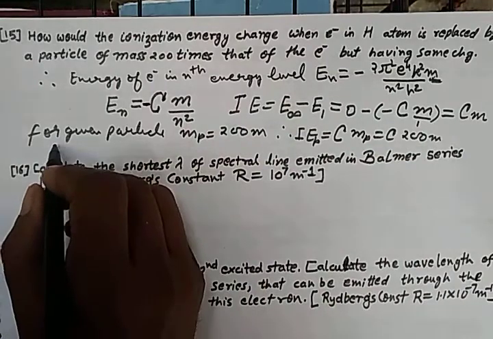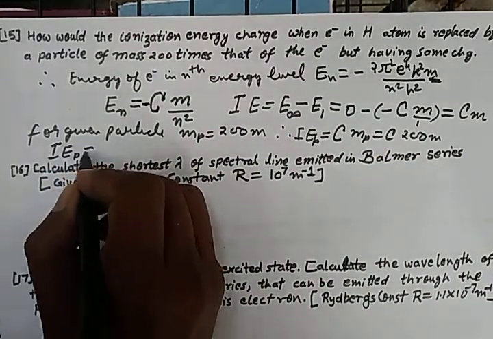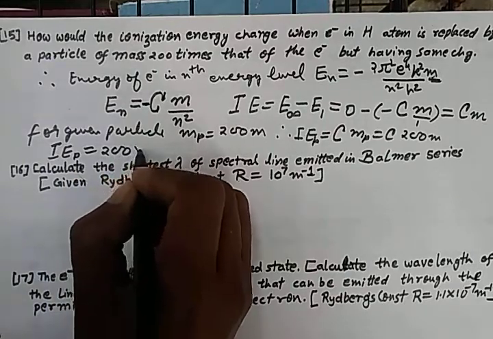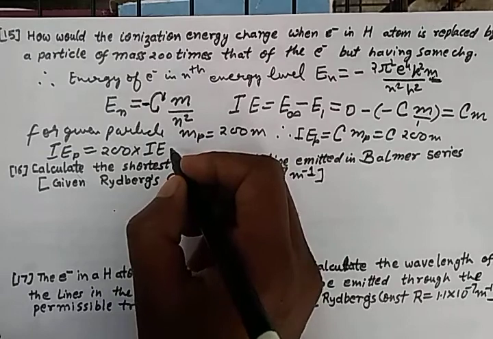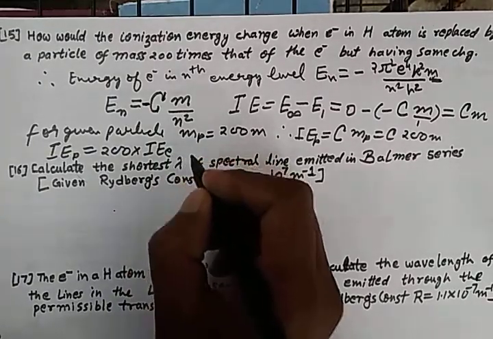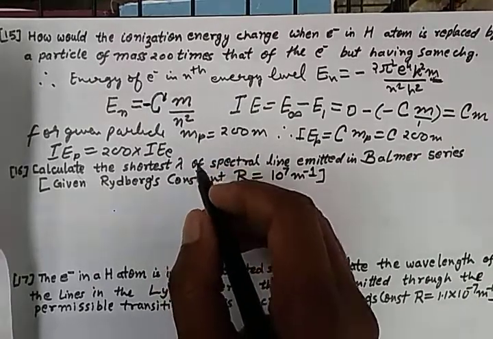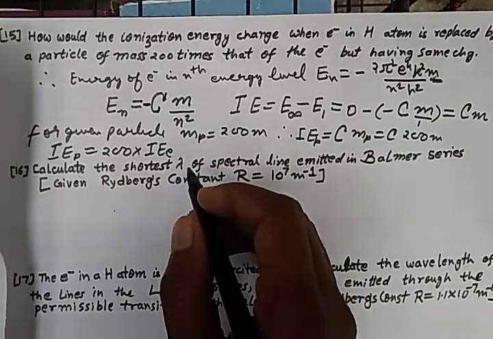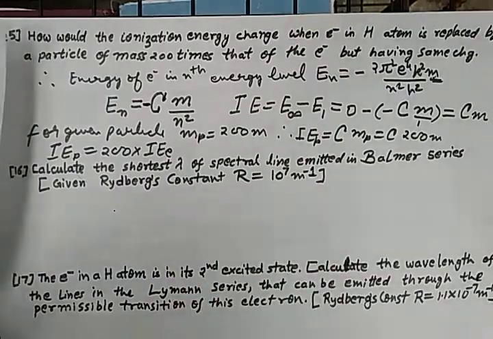The ionization energy for that particle will become 200 times that of the ionization energy when the electron is there. So you can state the answer: it will become 200 times the ionization energy when the electron is there.